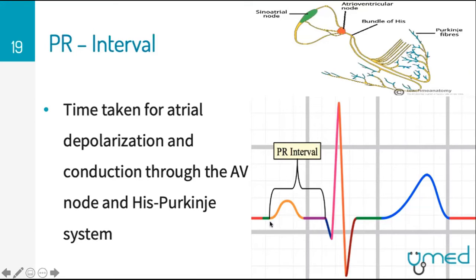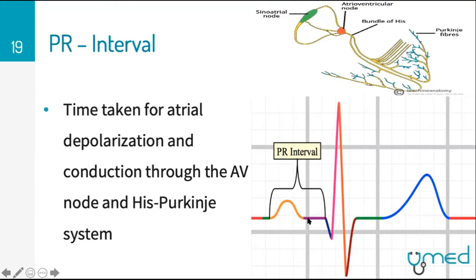So the point from the start of a P wave to the end of this isoelectrical line is referred to as the PR interval, right? And it's basically this period where the atria depolarize, as you can see right here, P wave atrial depolarization, right?